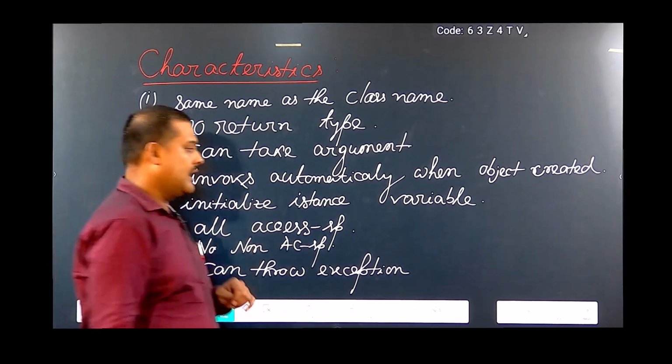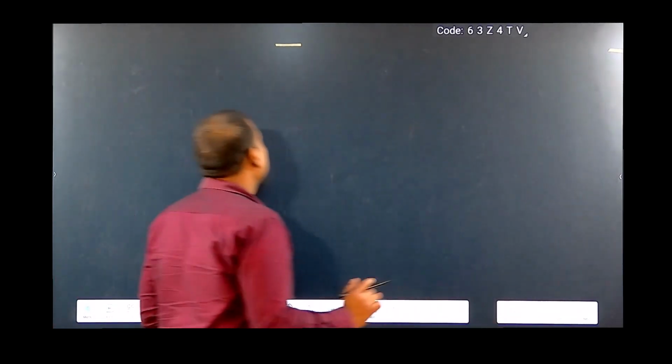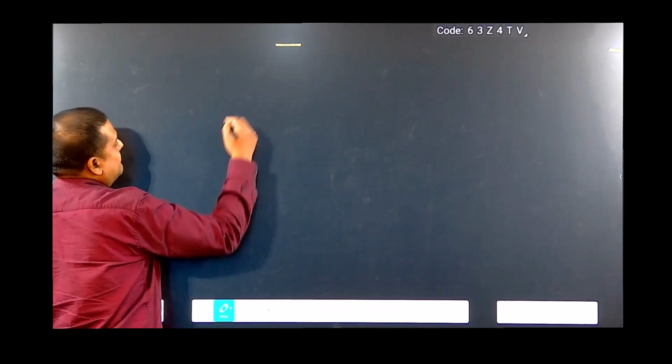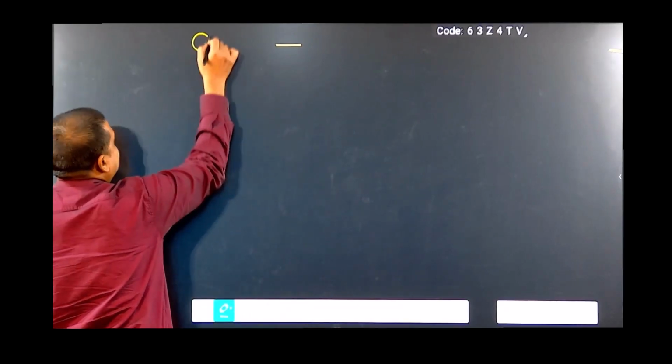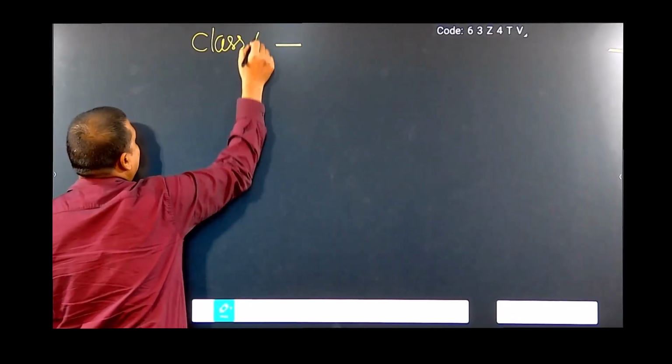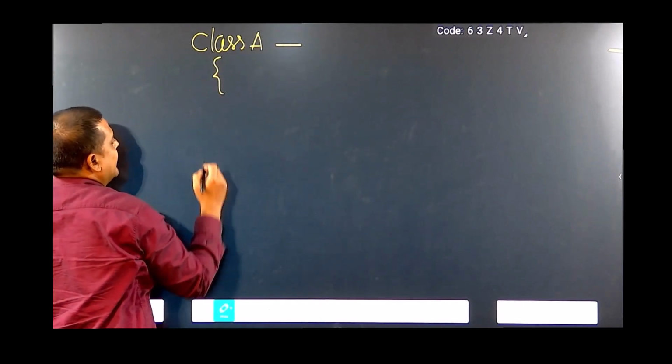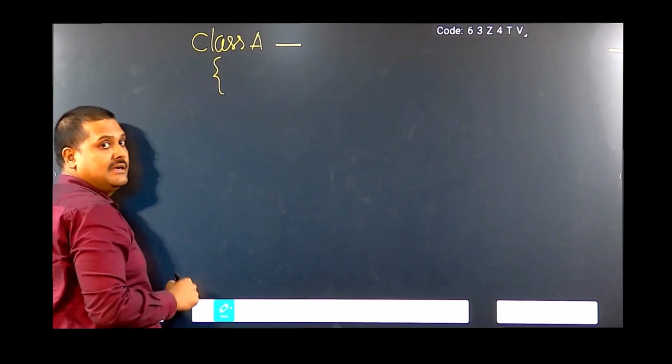What is it? How does it look? Say for example, I will come to the properties later. Let us say this is our class A, and I want to allocate the memory for it.